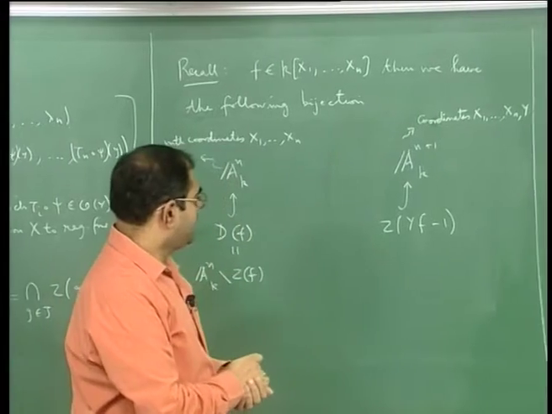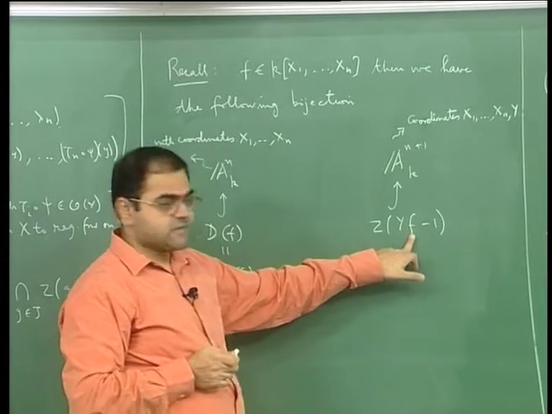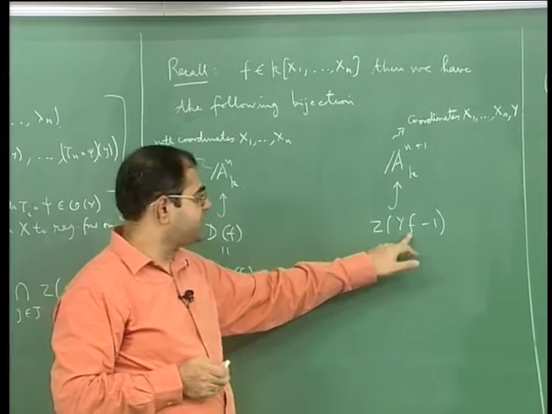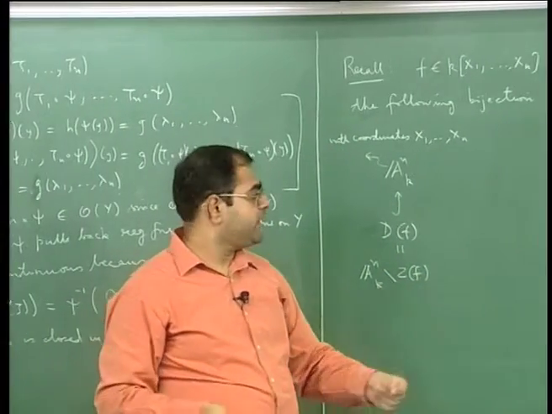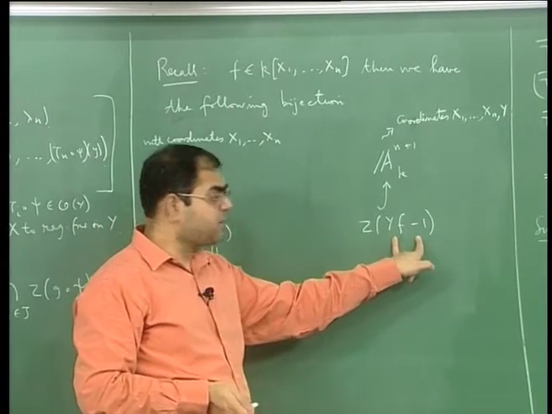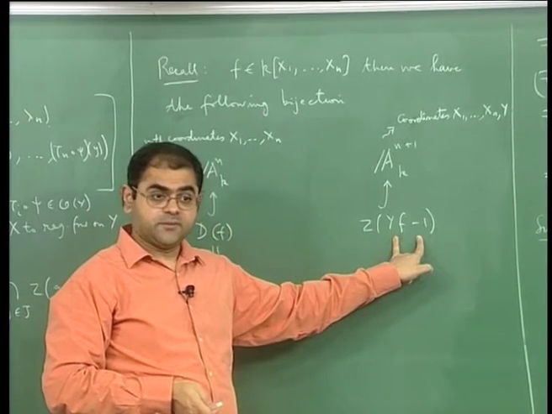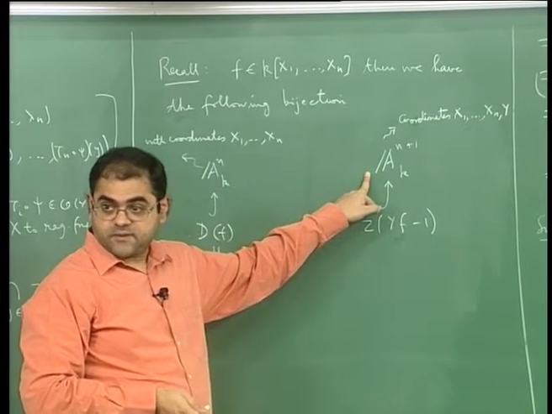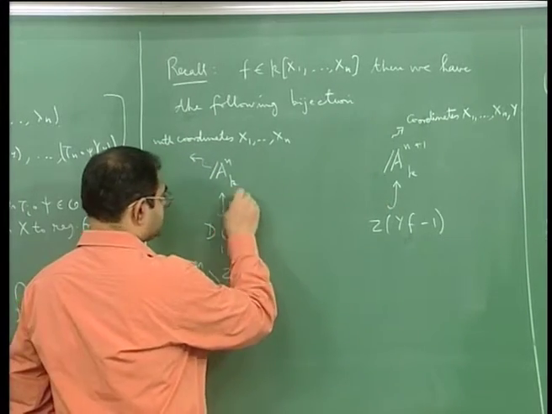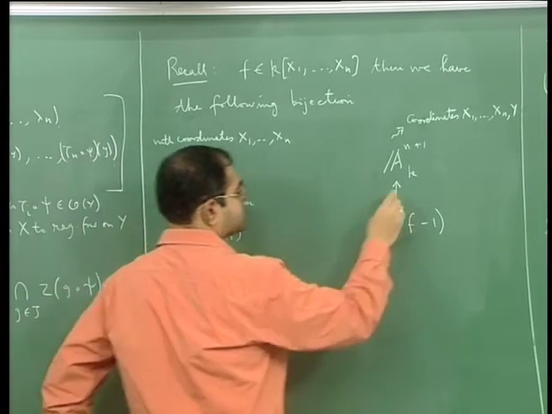So f is a polynomial in the first n variables, and y times f minus 1 becomes a polynomial in all the n plus 1 variables, and this polynomial is irreducible, and its zero set therefore gives an irreducible closed subset of affine space. Mind you, this is open and this is irreducibly closed.